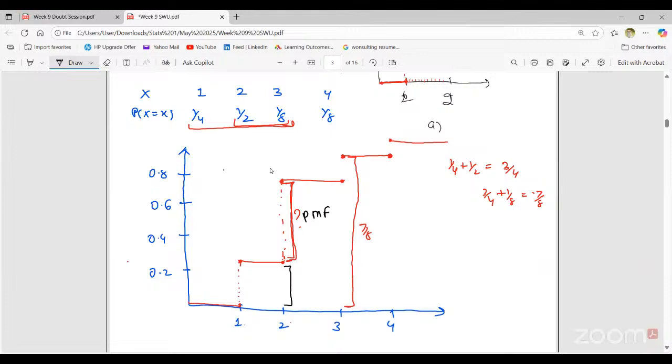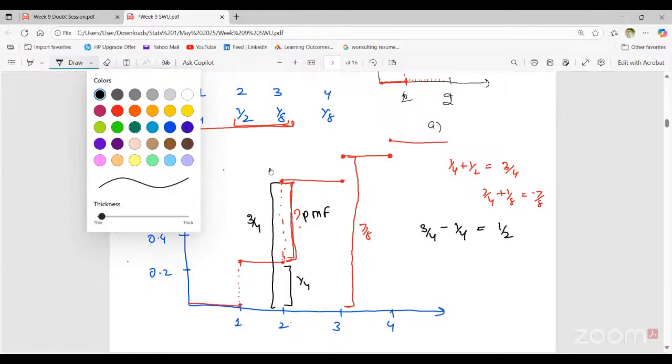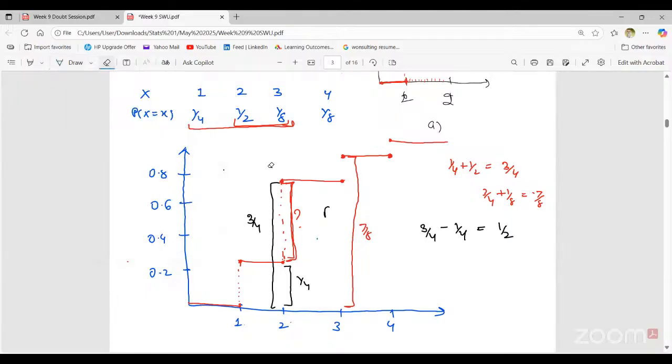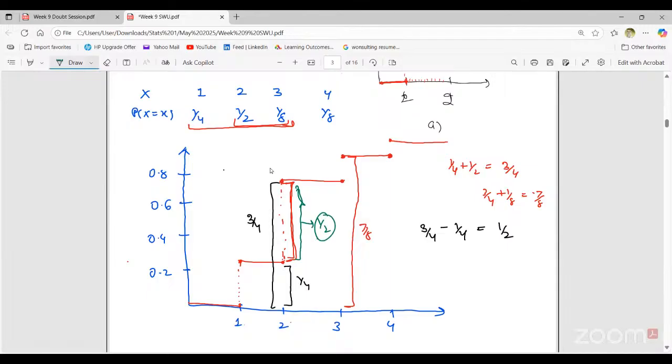Okay. This distance is what? 1 by 4. And this whole distance is what? 3 by 4, correct? So if I subtract 3 by 4 minus 1 by 4, what will I get? 1 by 2. And that means this part is my 1 by 2, which is the PMF of 2, right?